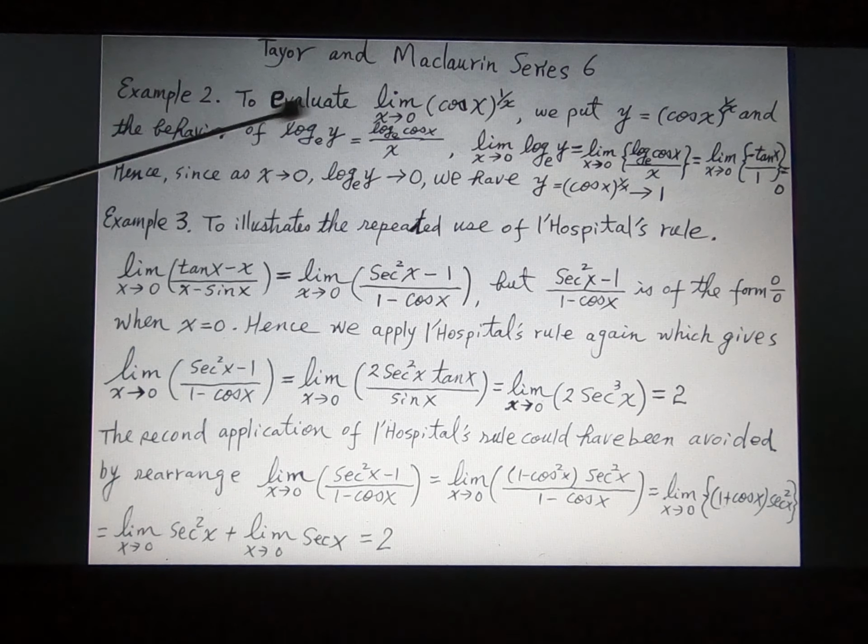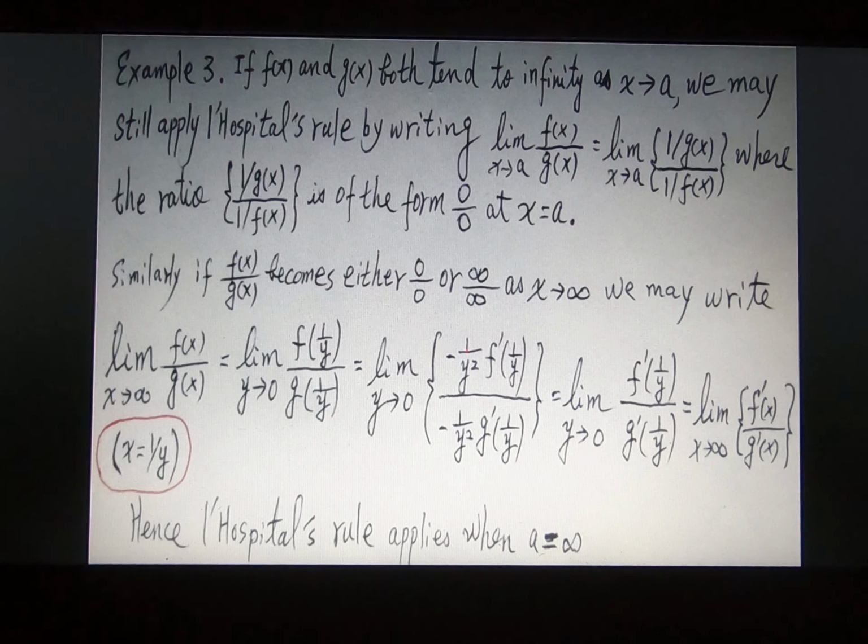And these are examples. Evaluate the limit. Another example using the hospital rule. And this is just saying that infinity also applies.